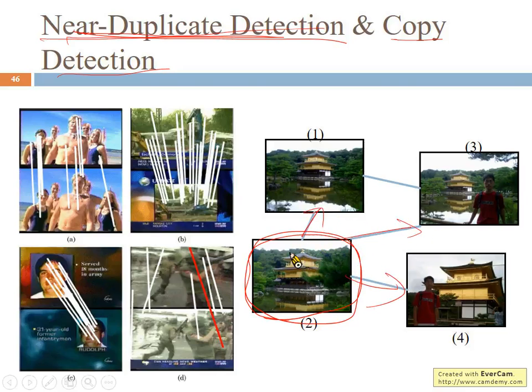So we can use the number of matched feature points as a similarity between different images. And then we can measure how likely this image is similar to others. The image that is most similar to all others is viewed as the most important one. So that we can do photo summarization. We can find the most important photo.